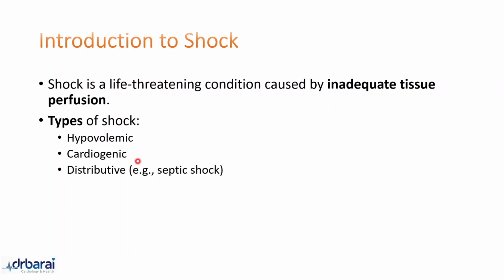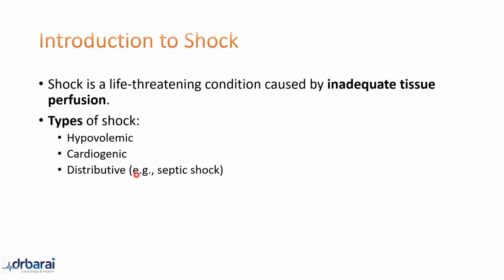The third type of shock is a little complicated. It's called distributive type of shock. When the blood volume in the body is normal, but this blood is pulled in the peripheral circulation because of vasodilatation or venodilatation. For example, in case of anaphylactic shock, when there is so much histamine release that there is excessive amount of vasodilatation and the blood is pulled to the peripheral circulation, so the blood returning to the heart, the preload, is reduced, and so the cardiac output is reduced, even if the heart is normal, even if the blood volume is normal.